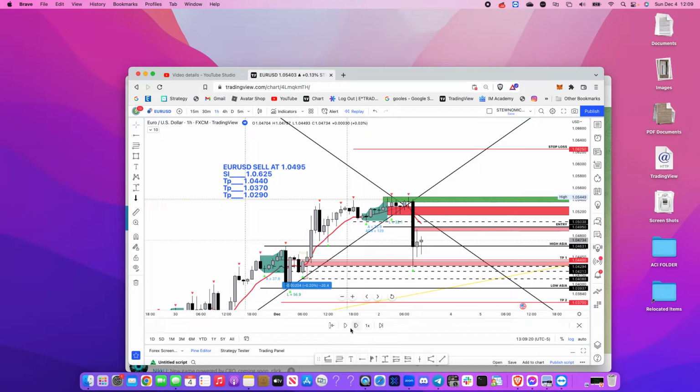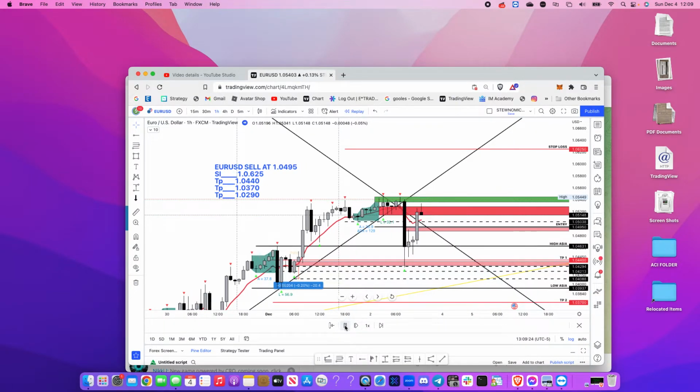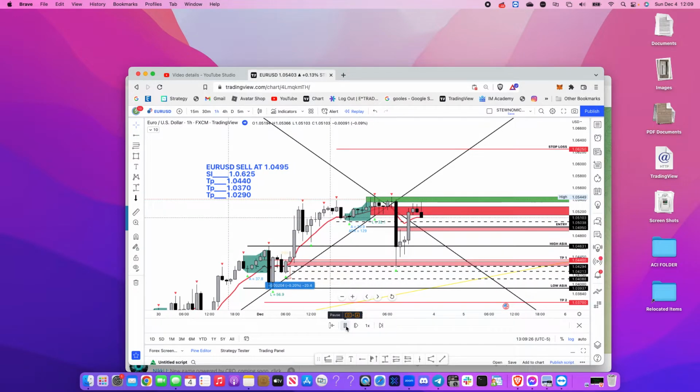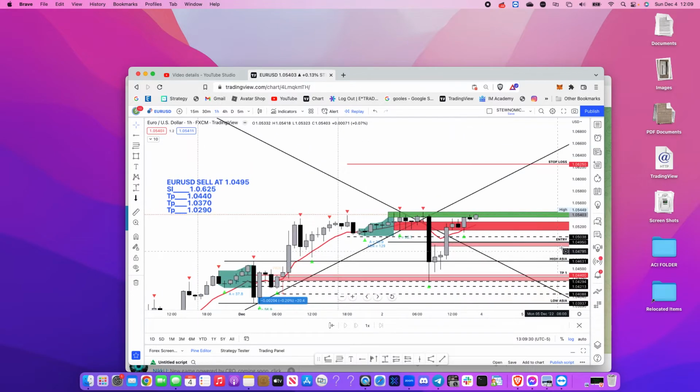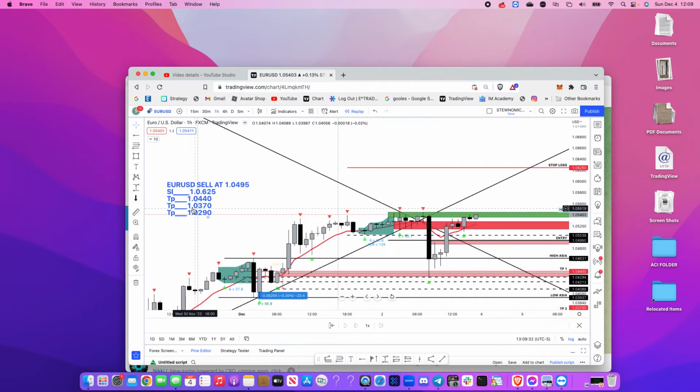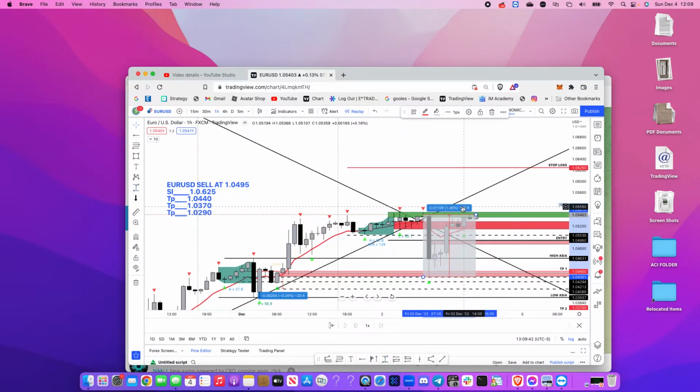Well, let's see. Did it keep pushing? Well, it did. And based off of that one move right there, it ended up getting you back to 109, 110 pips.